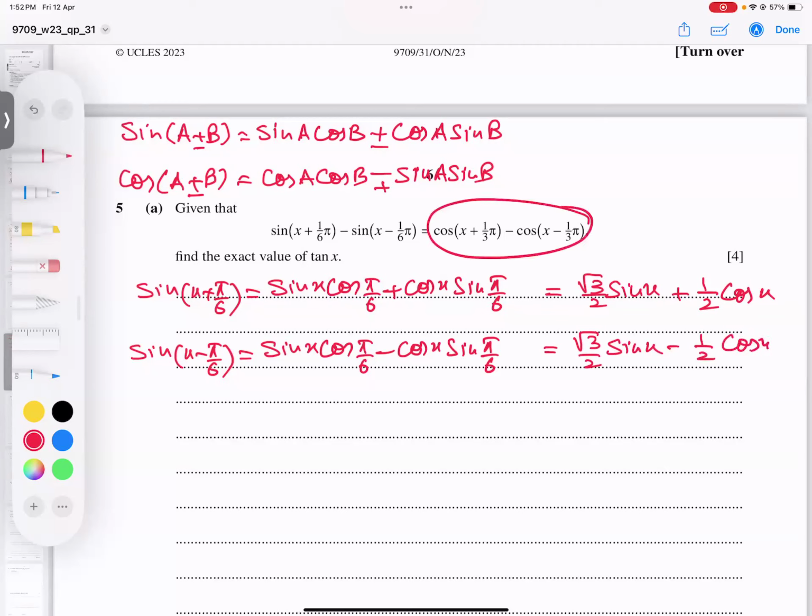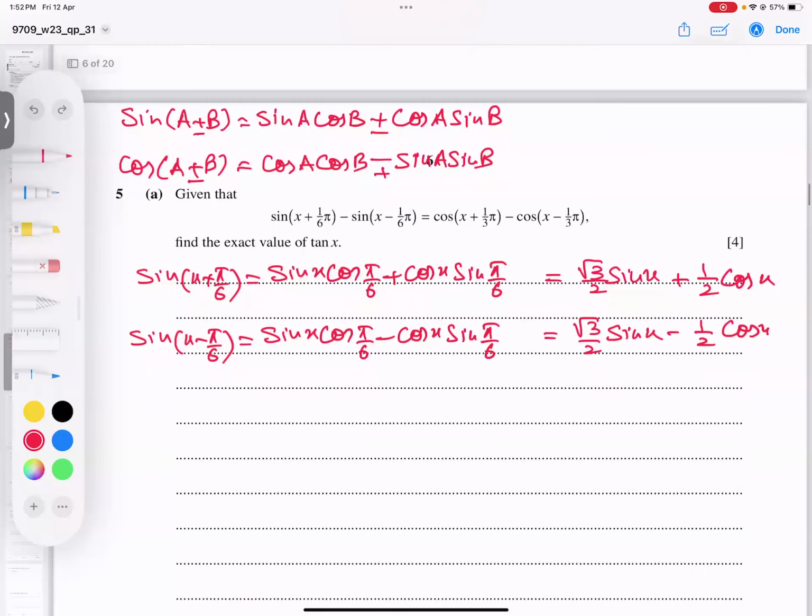Now I'm going to apply these two formulas and then plug all the numbers back. So let's apply cos(x plus pi by 3). What is the formula, students? Cos x cos pi by 3, opposite sign of it, sine x sine pi by 3.